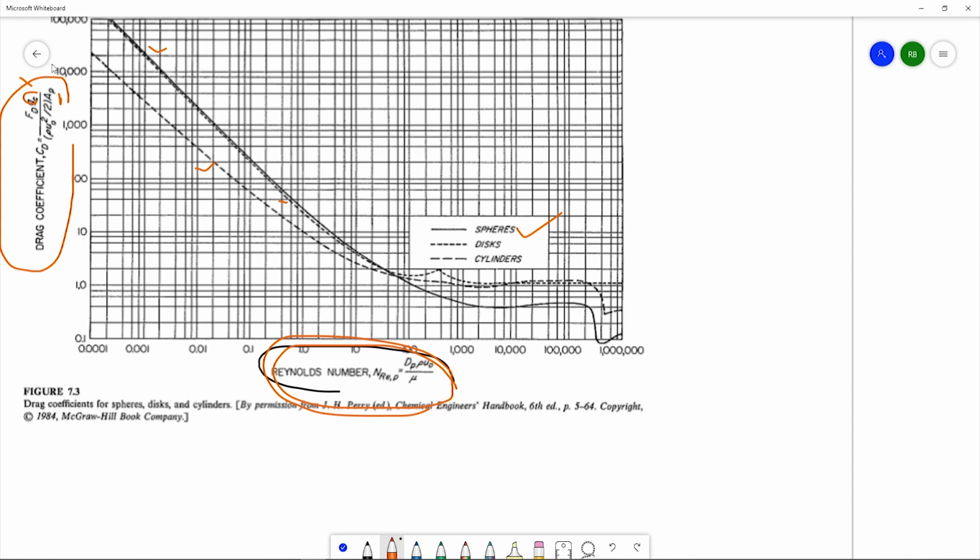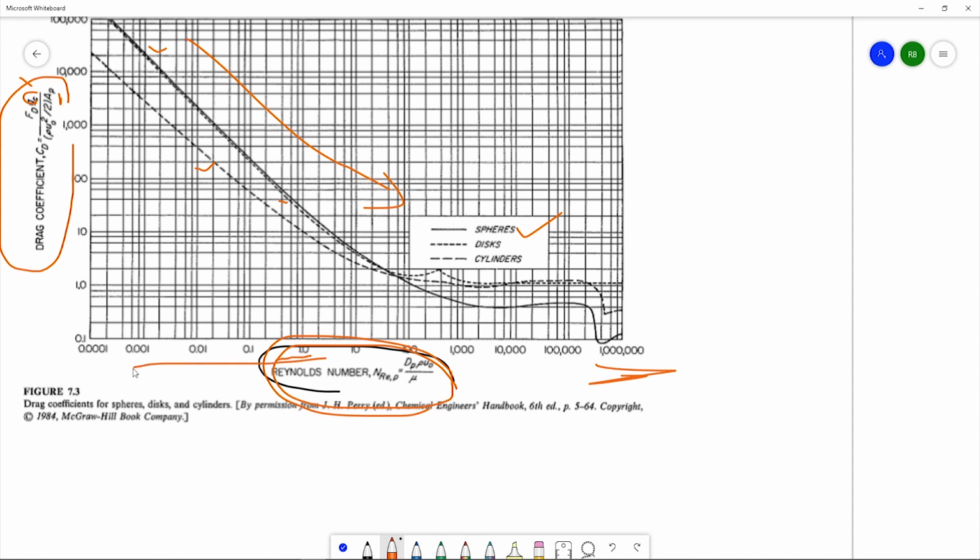So for very high Reynolds number, the drag coefficient is decreasing, right? And for very low Reynolds number, I told you the limit of 1.